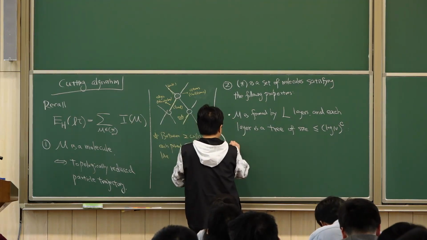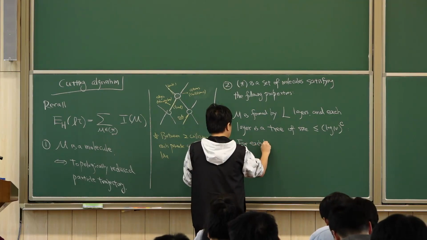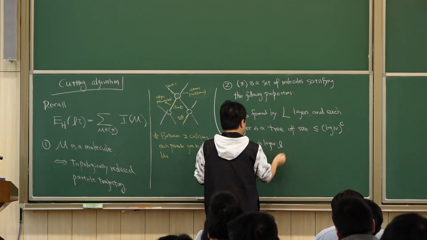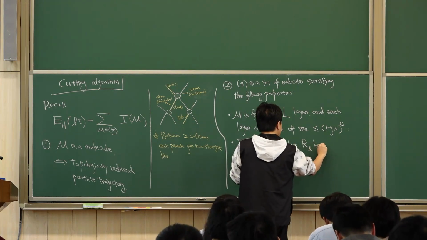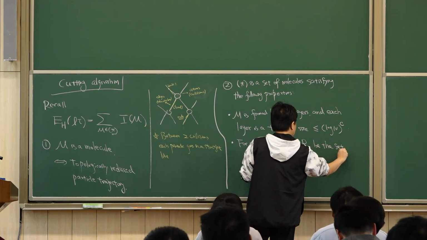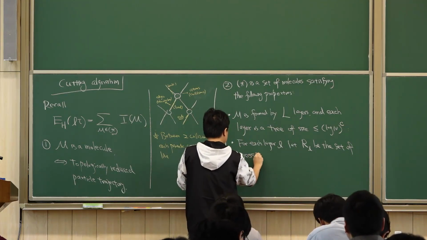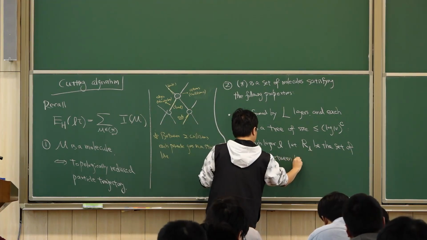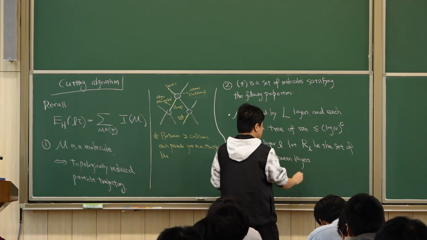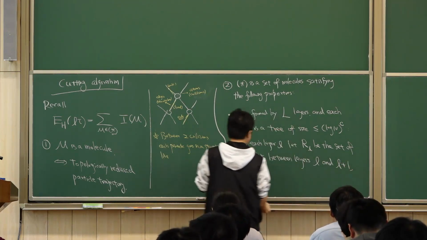Second, for each layer L, let R_L be the set of crossings between layers L and L plus 1.